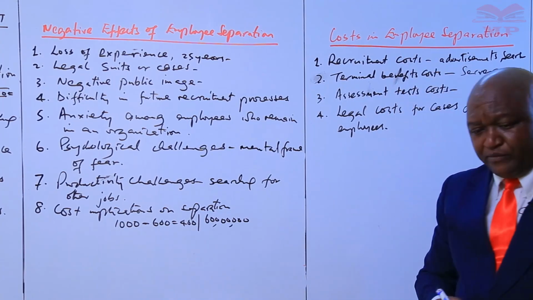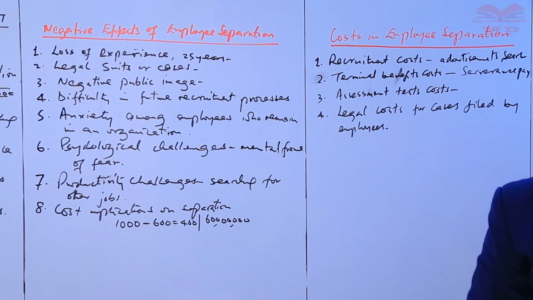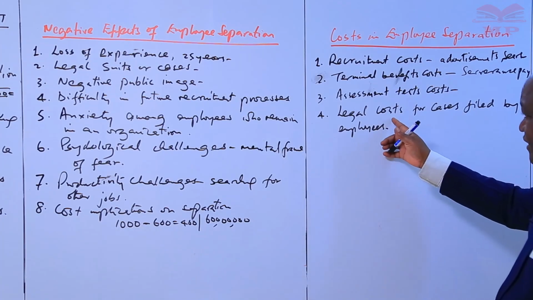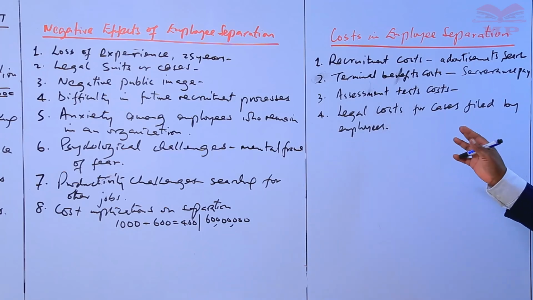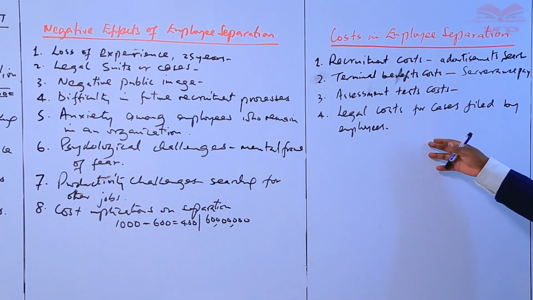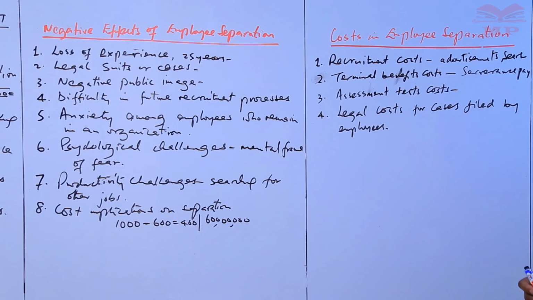So some employees may not be satisfied with the kind of termination they went through, and those employees may file cases in courts of law. So those could also attract legal charges, and those legal charges and costs may be associated with the separation process.